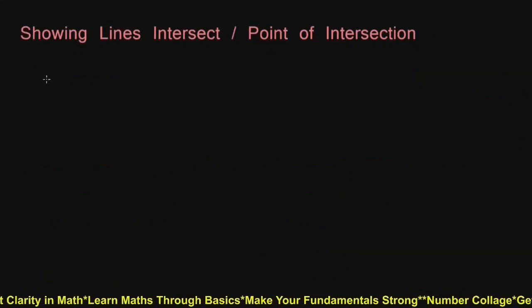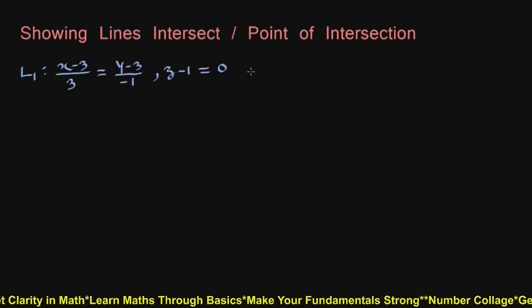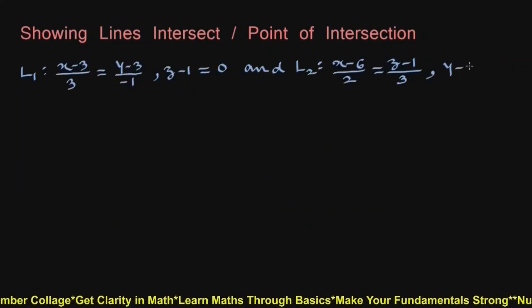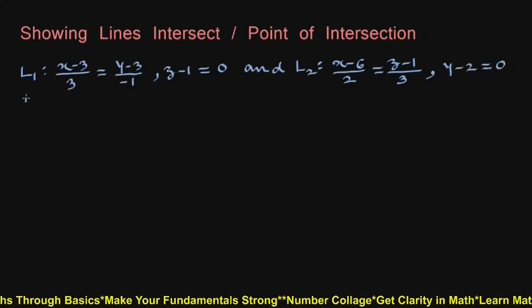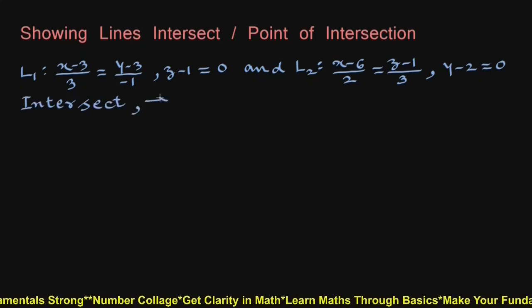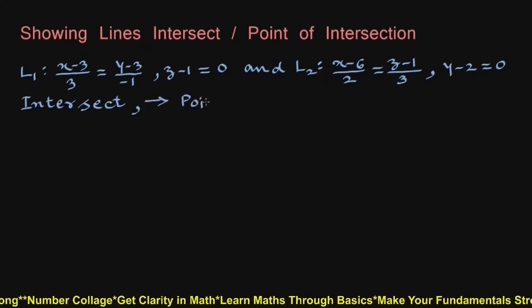We have to show that lines L1 and L2 intersect, and further we have to find the point of intersection.